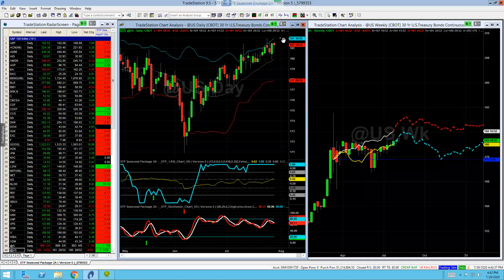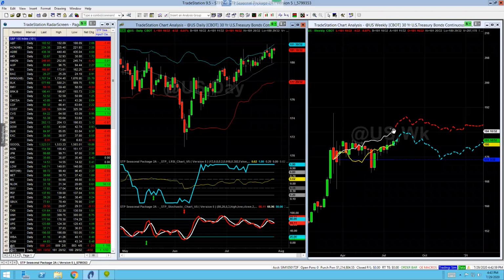Bonds have gone higher, and it's not done yet. This move isn't over yet, right? But again, you even see it from the seasonal pattern, okay? The next 20 days, this moves 1 1/32 still, okay? So that tells you as well, if you got into this, when should you get out? Well, historically, you don't want to get out yet. We're not quite at the top, right? But the cool thing is once we get to that top, we can then take it to the short side. So you can make money on both sides, okay?